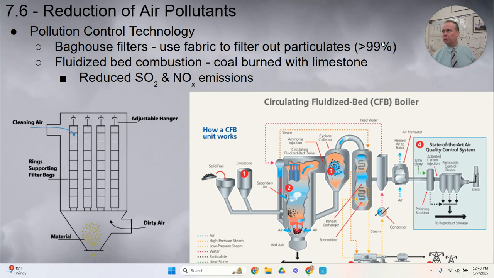In industrial and power plant settings, we have other types of pollution control technologies. We have fabric filters, almost like a coffee filter but made of fabric, that filter out particulate matter. You have the exhaust gas shown here coming in, and then you have these bags where the exhaust air goes through, and it filters out many of the particulates that might be present.